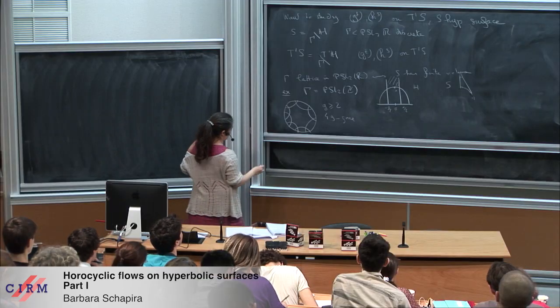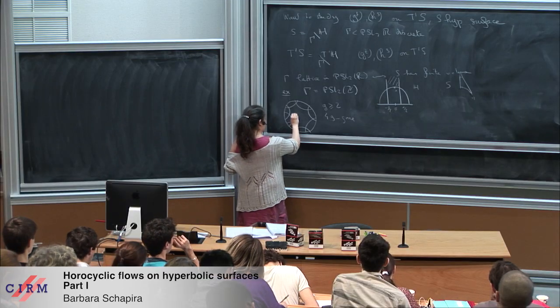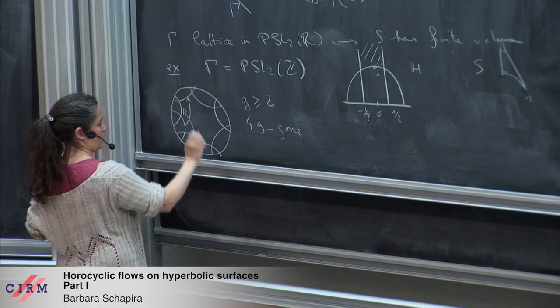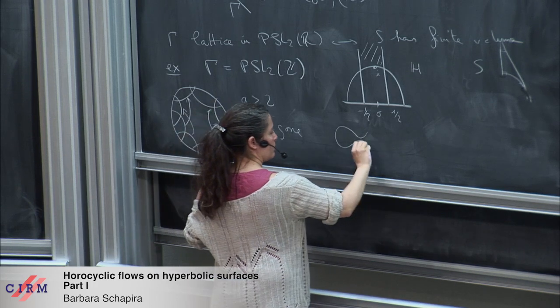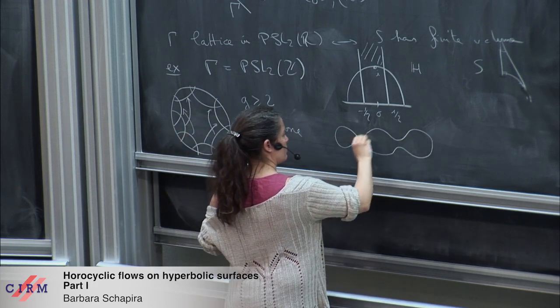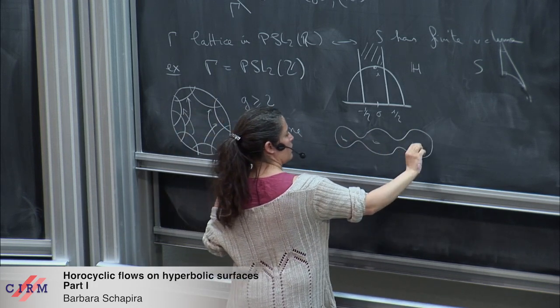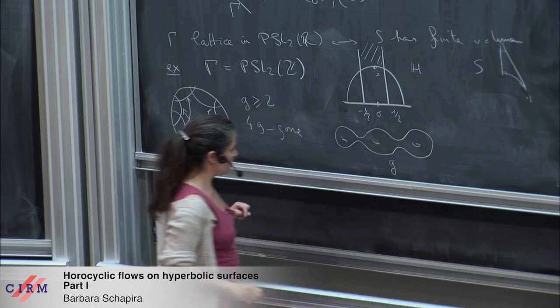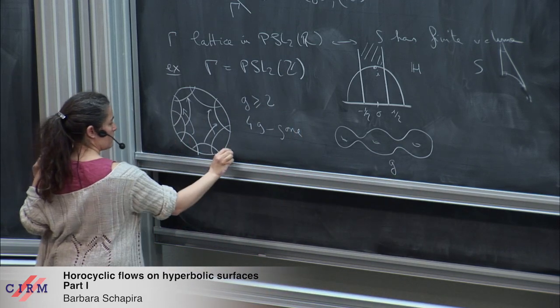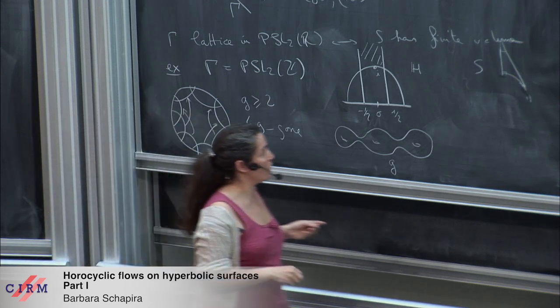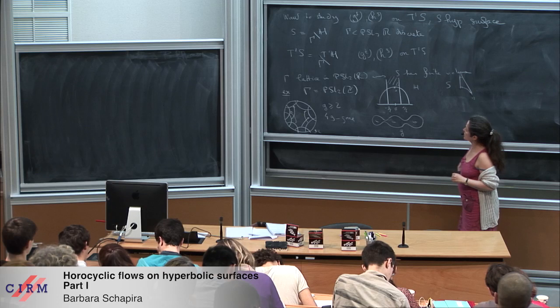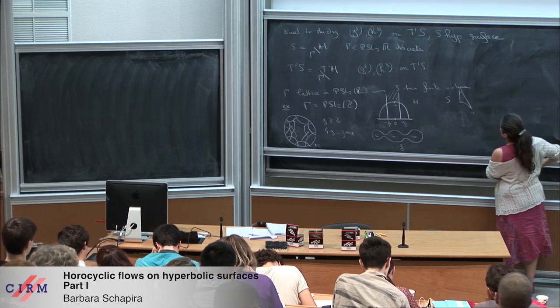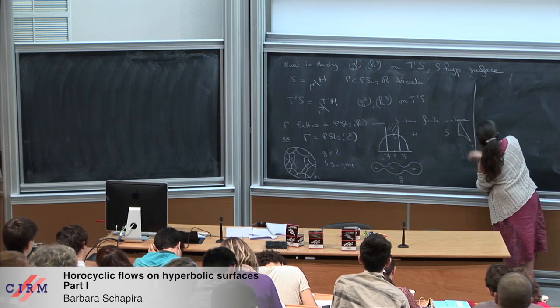And then you identify the sides through hyperbolic isometries like that, and it should give you a hyperbolic surface of genus g. Here on my picture g equals 2, and here g equals 3, and so it will give you compact surfaces. But I don't want to speak only about finite volume surfaces.